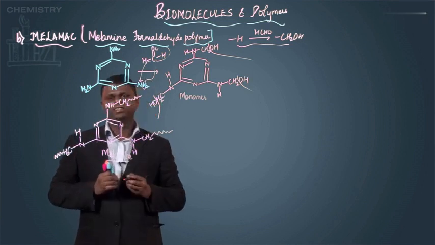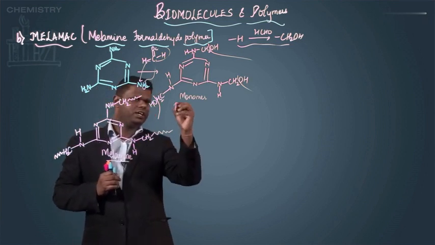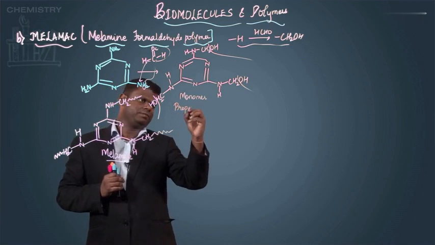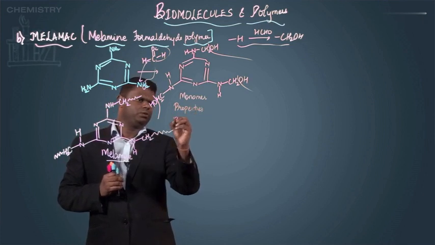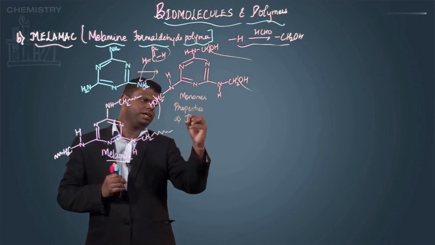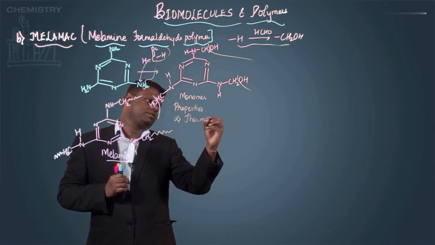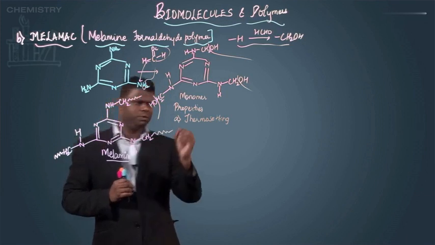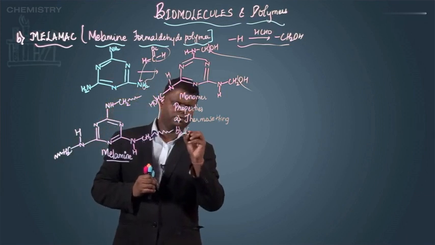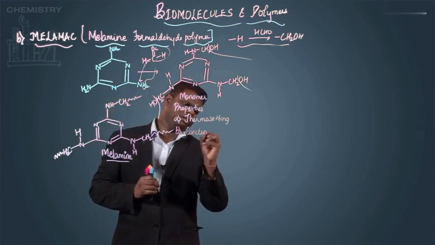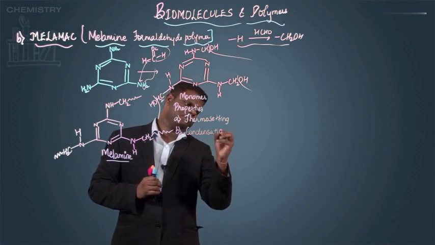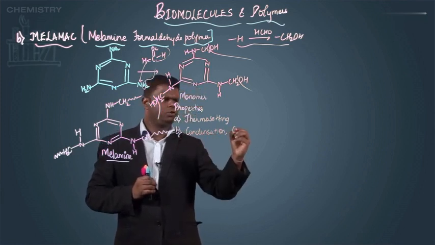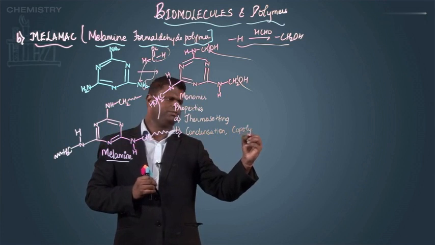Okay, now where is this melamine used? First of all, let's study the properties. So the first property, it is a thermosetting polymer. It is a condensation polymer. Is it a copolymer or homopolymer?